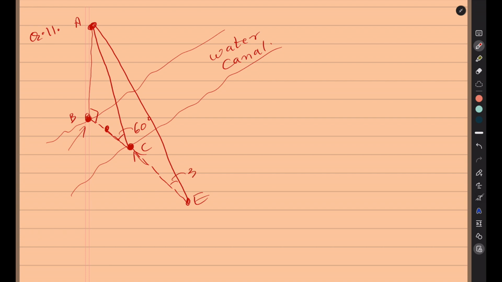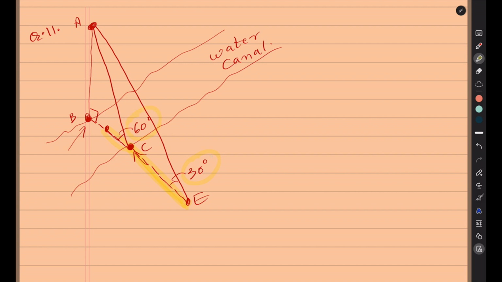Now just by looking at this statement, you can very well say that we are not going this side, we are going this side. Why? Because the angle of elevation is decreasing.